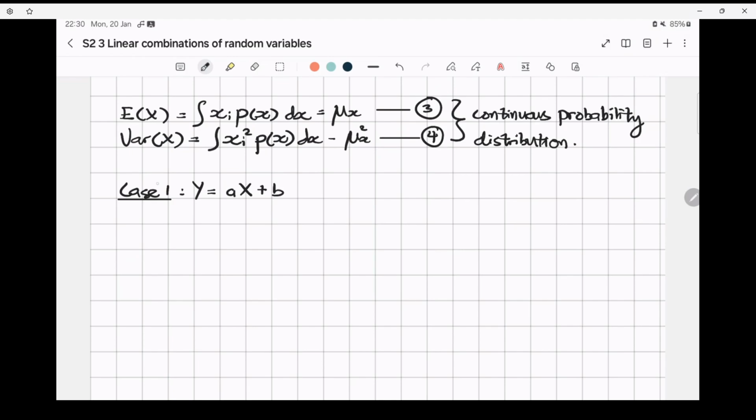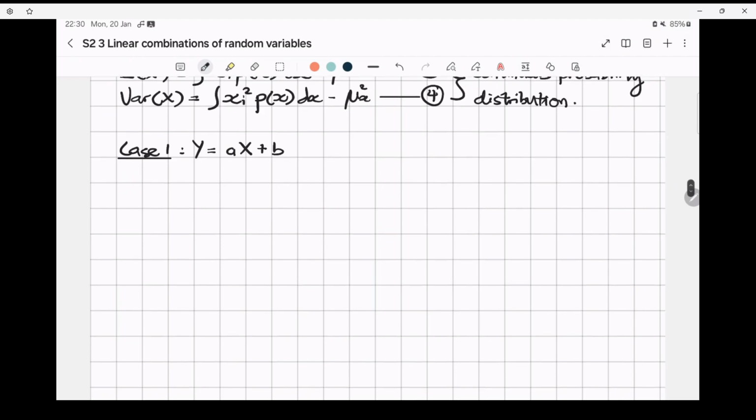What would be your E(Y) in terms of E(X)? I will derive the discrete one and then the continuous one. So E(Y) equals E(aX + b), where a and b are constants.